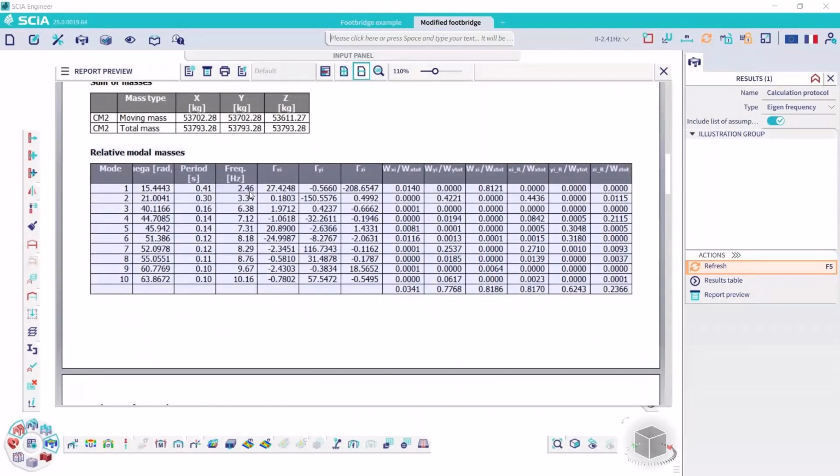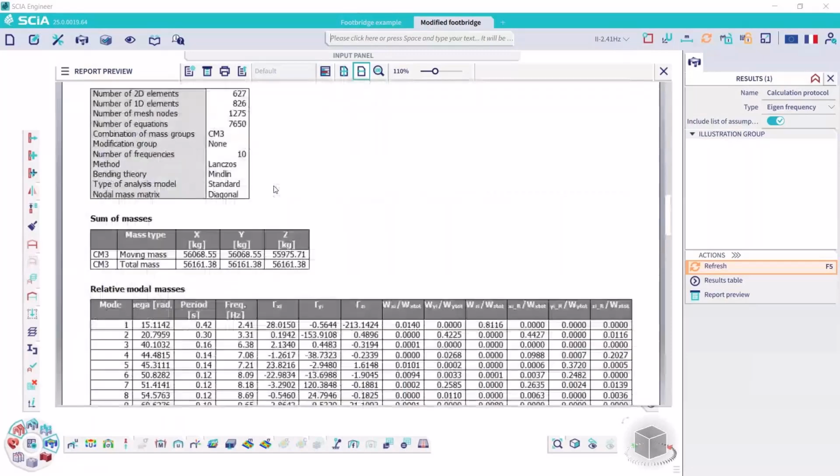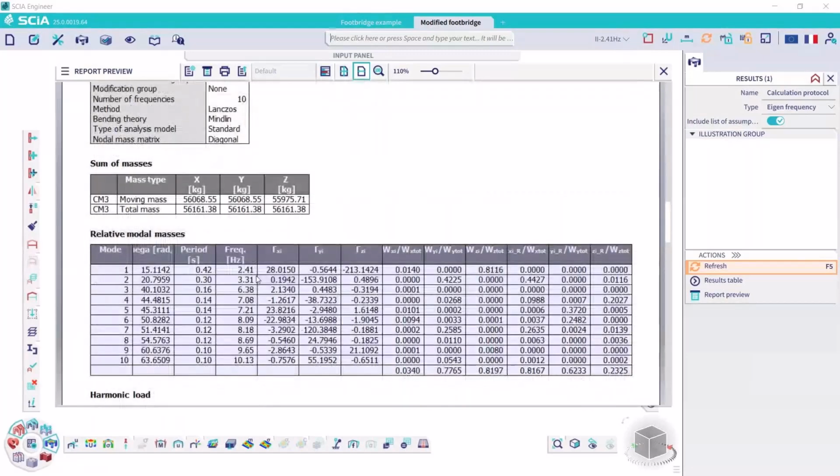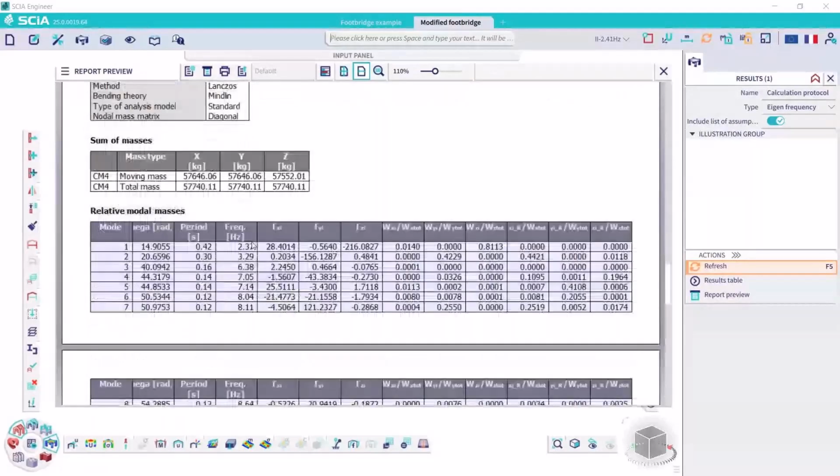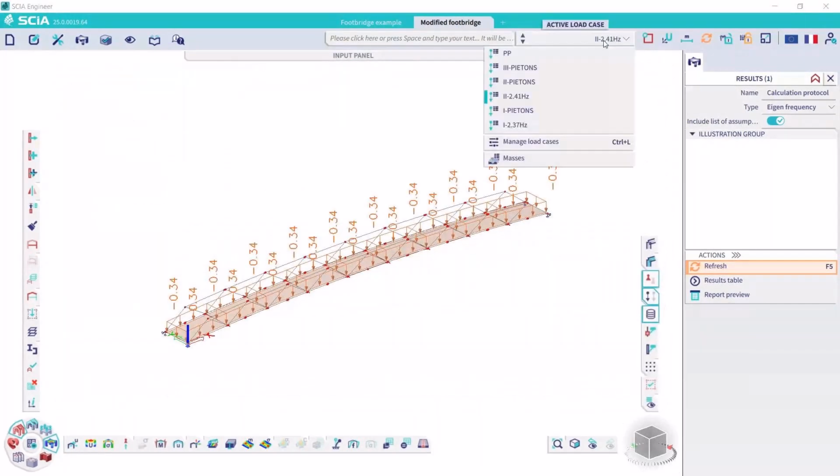And since we are of class 3, we don't really need to do any vibration analysis. For class 2, it's 2.41 Hertz, so we need to do the analysis. And again, for class 1, it's 2.37, and we fall in a range 2, but we still need to do the analysis.